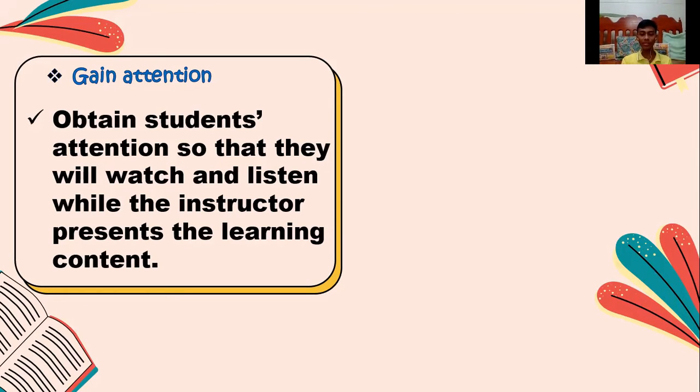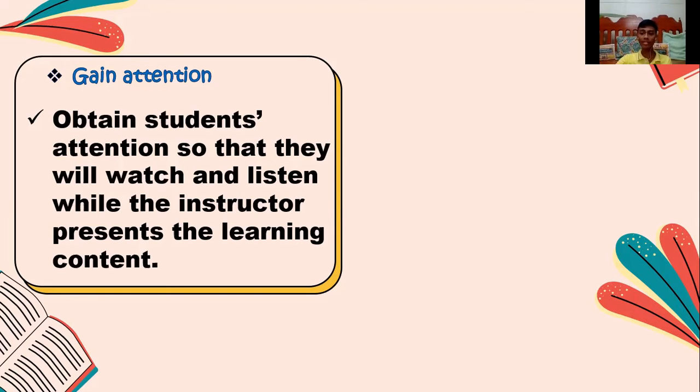Ensure that the learners are motivated to learn and participate in activities by presenting a stimulus to gain their attention. This can be accomplished by presenting the learners with an introductory activity that engages them.